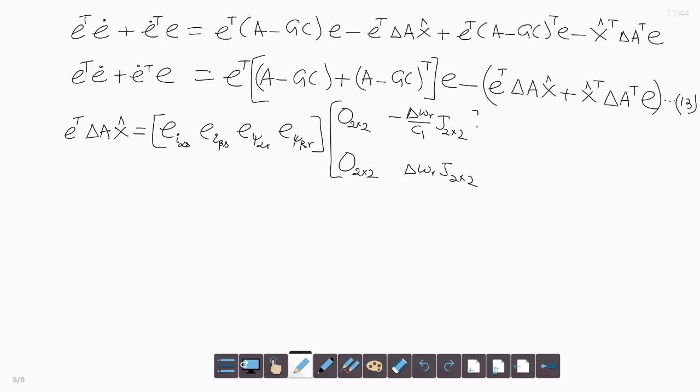This is the delta A, and X hat is the estimated state.